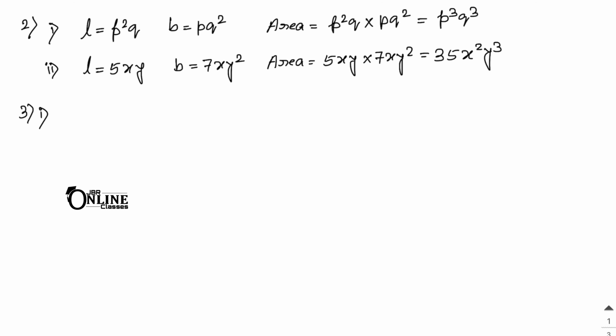Now next, sum number 3. Find the volume of rectangular boxes with the following length, breadth and height. You know the formula to find the volume, that is length into breadth into height.